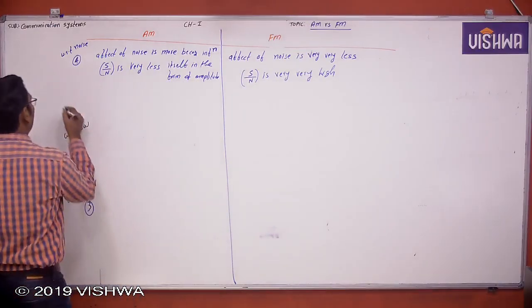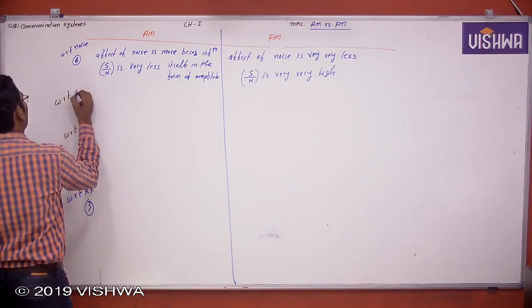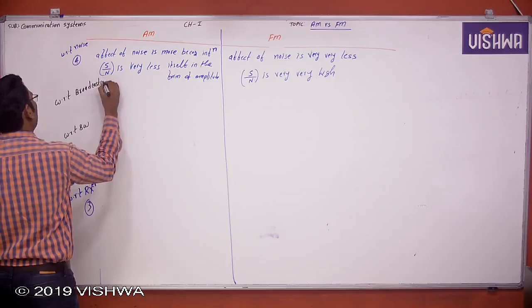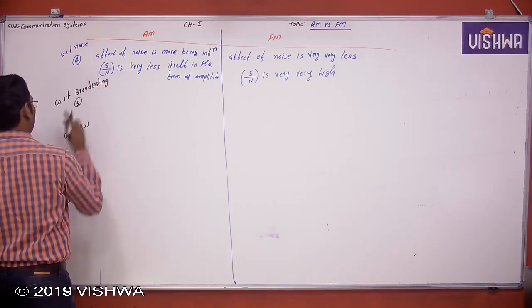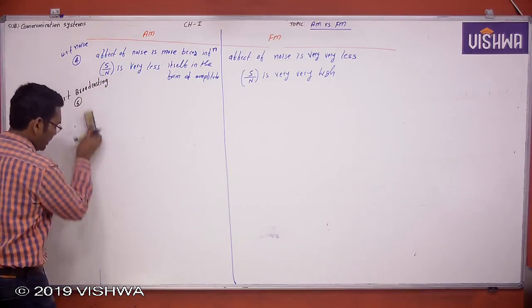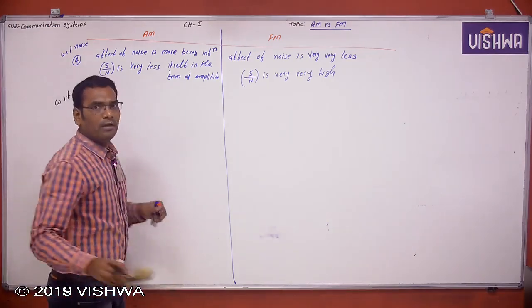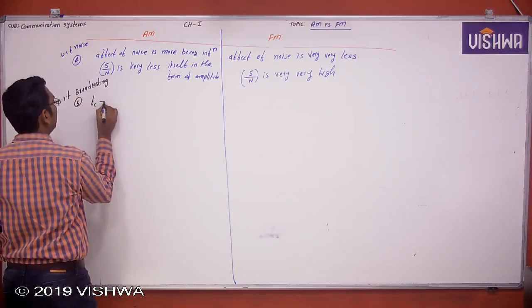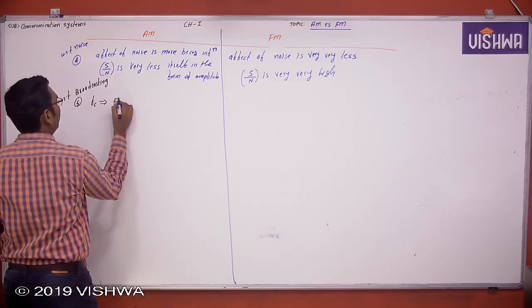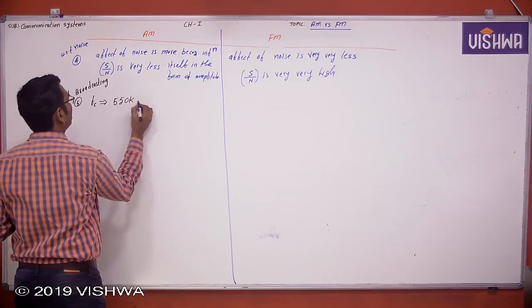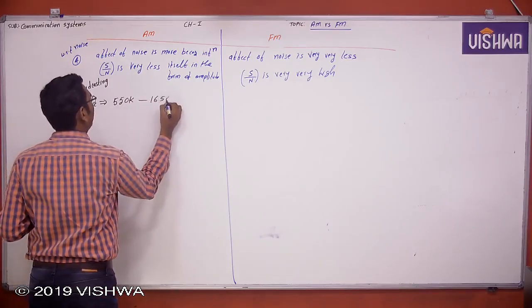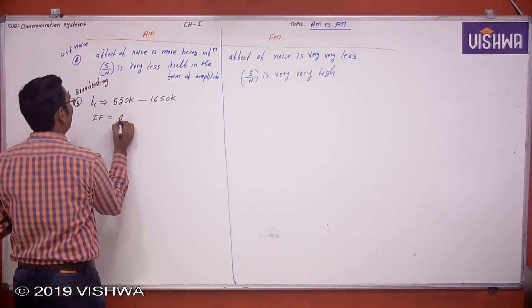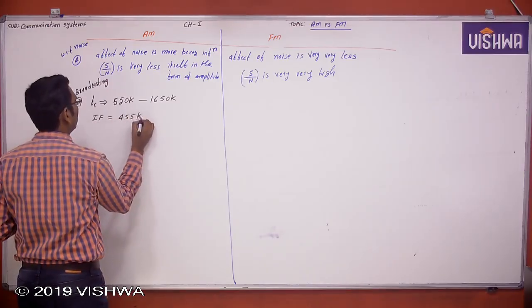Now with respect to broadcasting, what should be the specifications? You already know that, but once again we'll see it in the comparison. For AM broadcasting, the carrier frequency is 550 kilohertz to 1650 kilohertz. Intermediate frequency is 455 kilohertz.